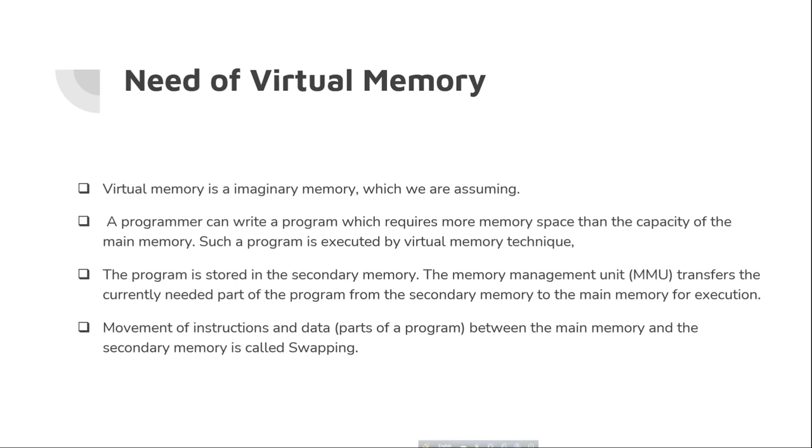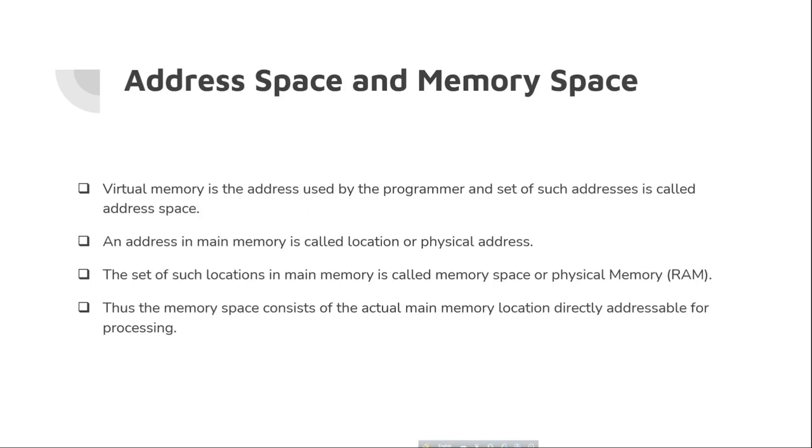So whenever any program is in execution, the program will be stored in the hard disk. During the execution, when the processor requires some part of data or code, we can say instruction, it is available in RAM.